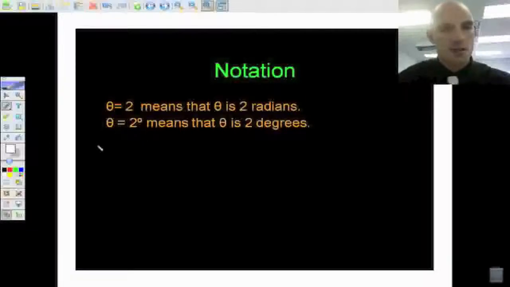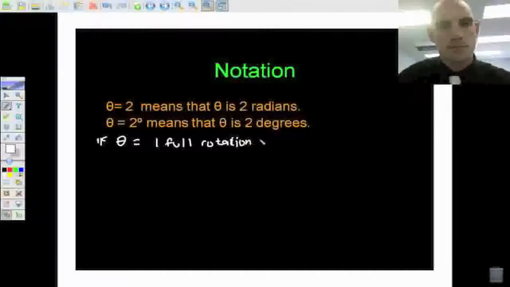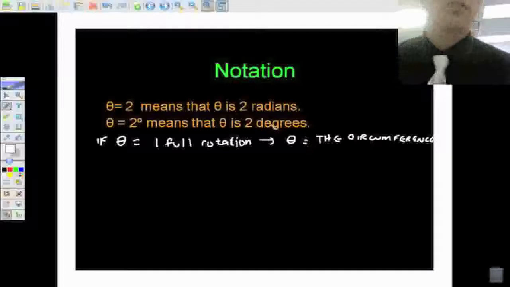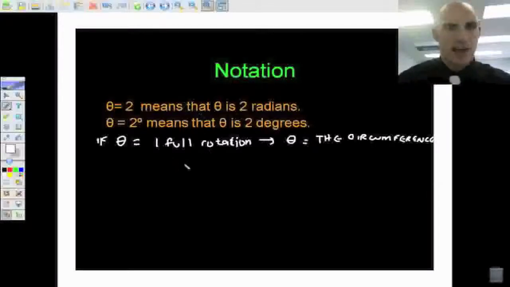Let's just explore this for a minute. What if theta equals 1 full rotation? That means that theta is going to equal the circumference of the circle, all the way around. Let's look at what this actually means.